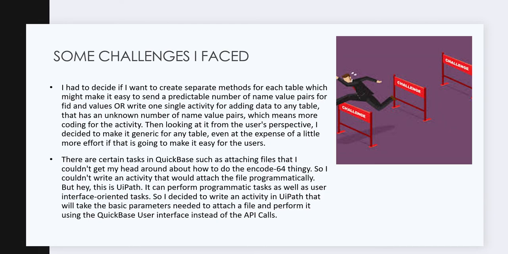Some of the challenges that I faced during this journey: I was trying to see if I had to create activities to add a record separately for the employee table versus the department table, a separate activity for maybe the opportunities table or clients table, vendors table, something like that, which might actually make it simpler for each table.